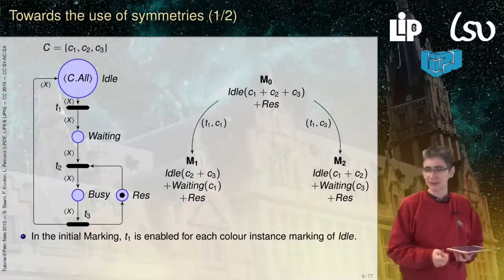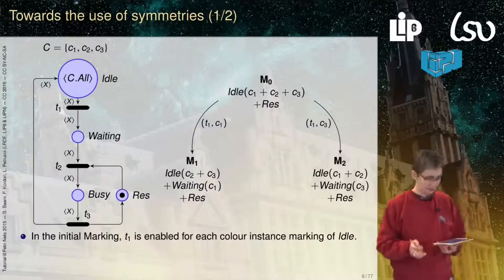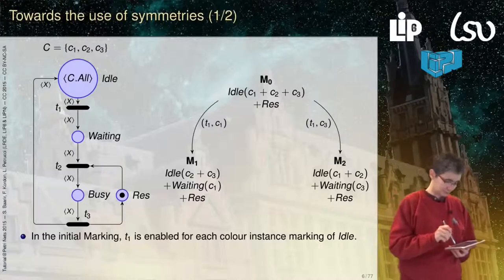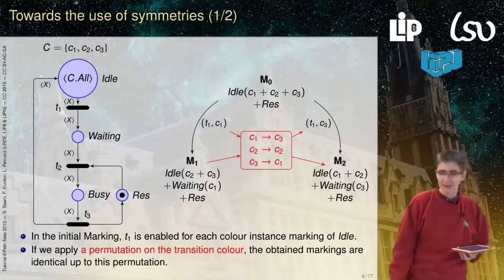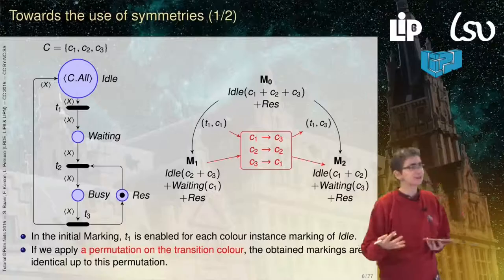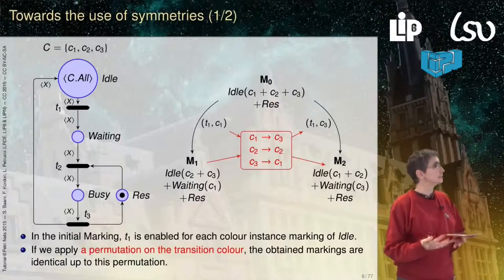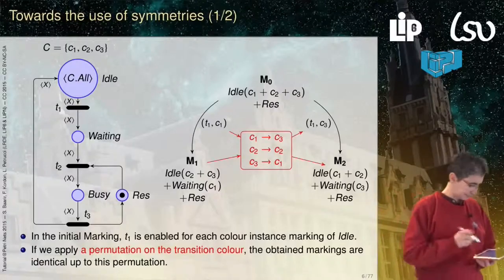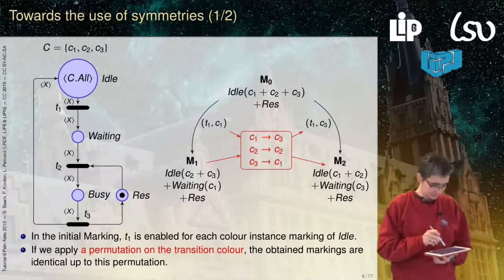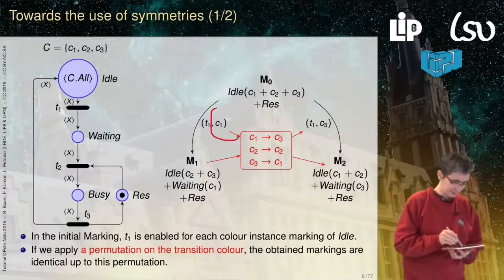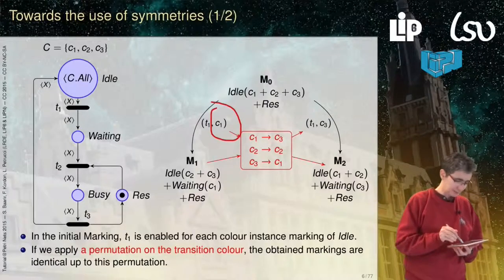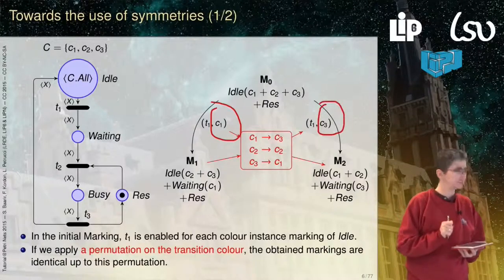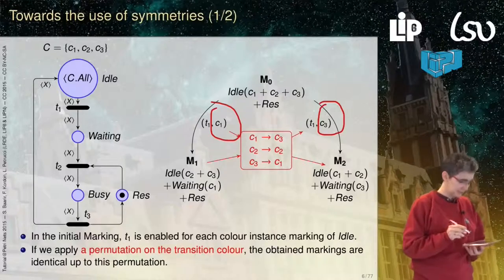Two tokens in idle, one in waiting, and one token in resource. Therefore, we can think that we want to represent them the same way, and we could say that color C1 is similar to color C3. It plays the same role, right?